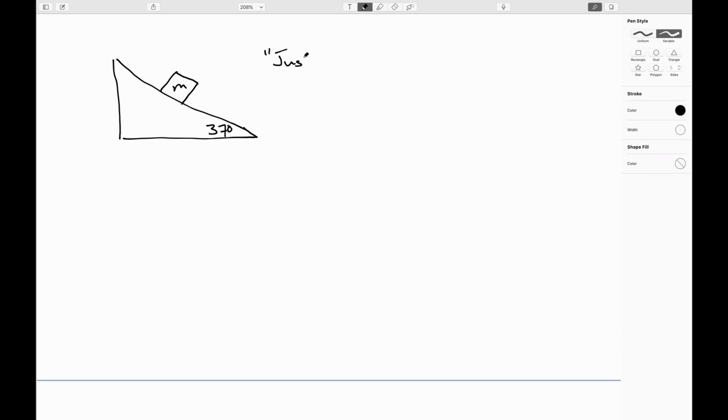So this is the highest angle where it won't slide, or we can say that if we tilt it any higher, it just begins to slide. Now in this problem, what I want to find is the coefficient of static friction between the surfaces.